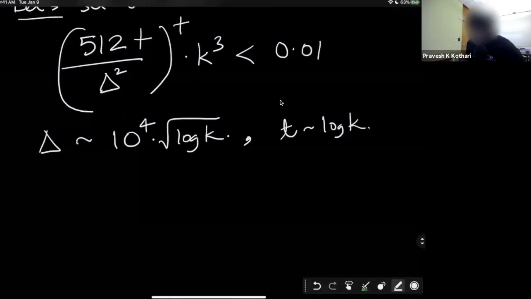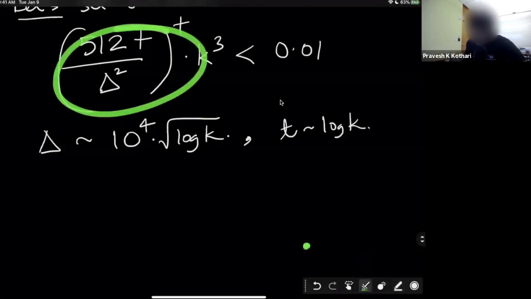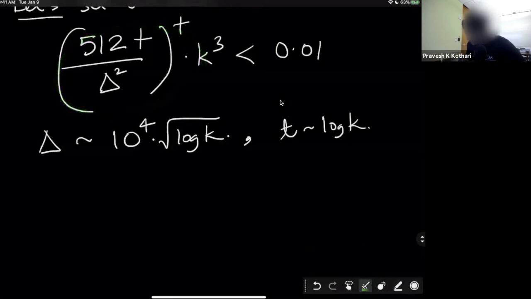The point is, if I square delta, then the log k cancels out the inside expression over here. The log k's cancel out and you get some constant. Let's write down that constant. I think it is 10 to the 8. Seems like maybe 100 would have worked here. Maybe 10 to the 4 is not needed.